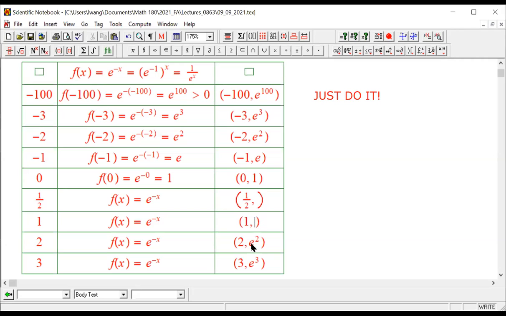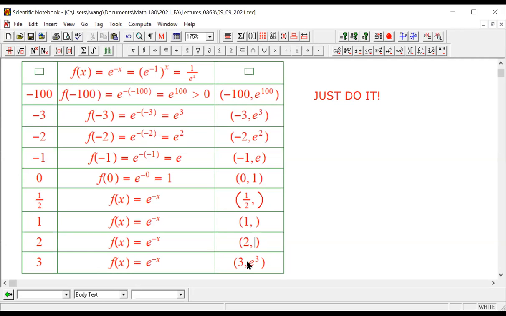Now I can visualize the graph. It is decreasing. I can answer your question now. And you got it. I didn't tell you, did I? You helped me build up my confidence level as a student. Thank you.